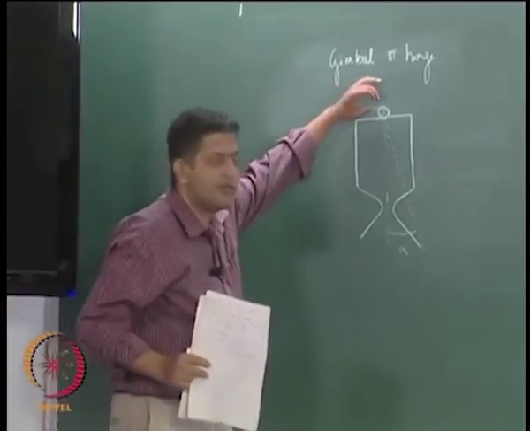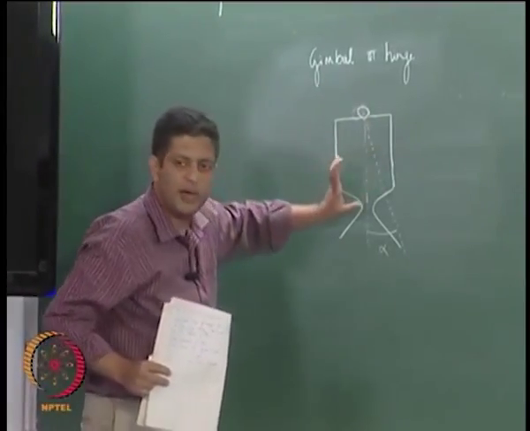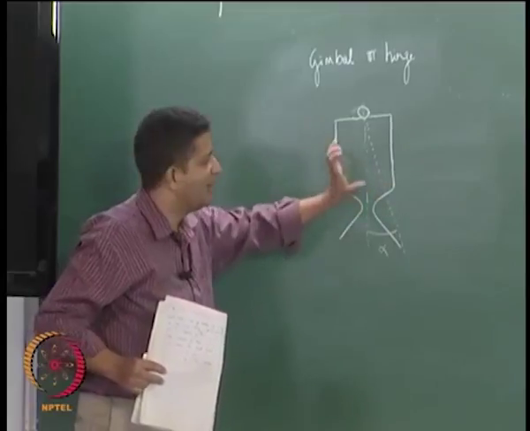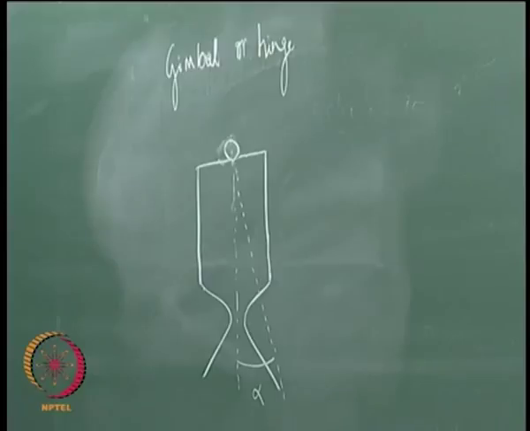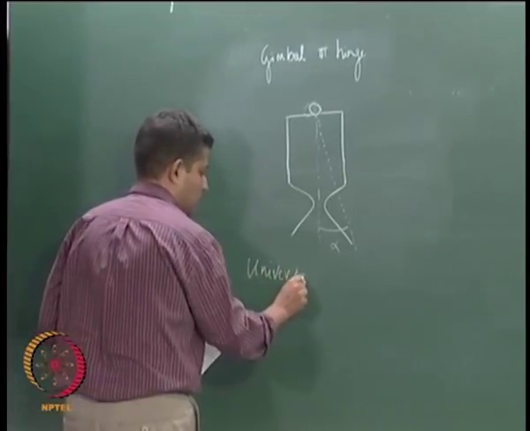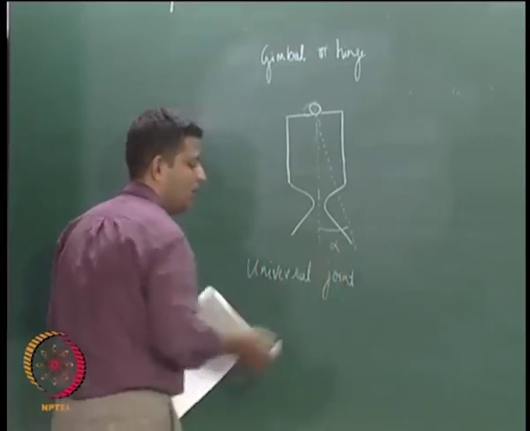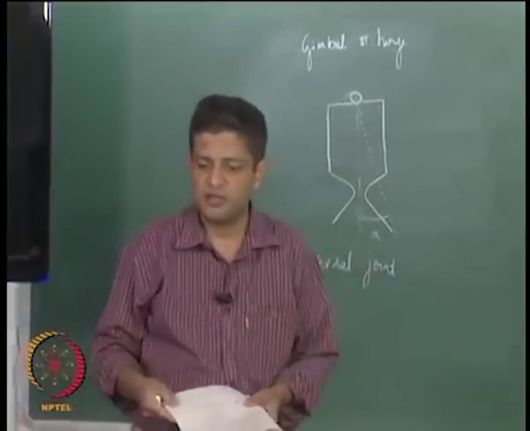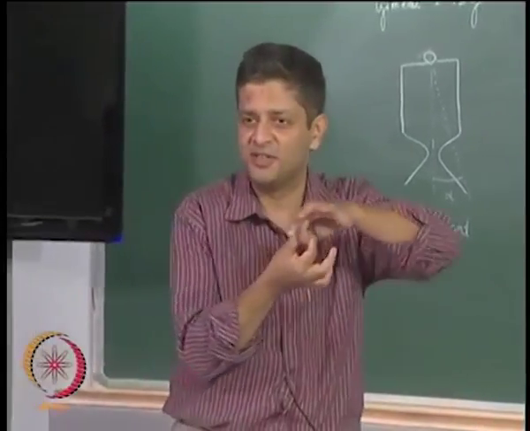That is, if the engine were hinged on this, you could move it around by an angle alpha in either direction, and if you have something known as a universal joint, a universal joint is nothing but two hinges, right.